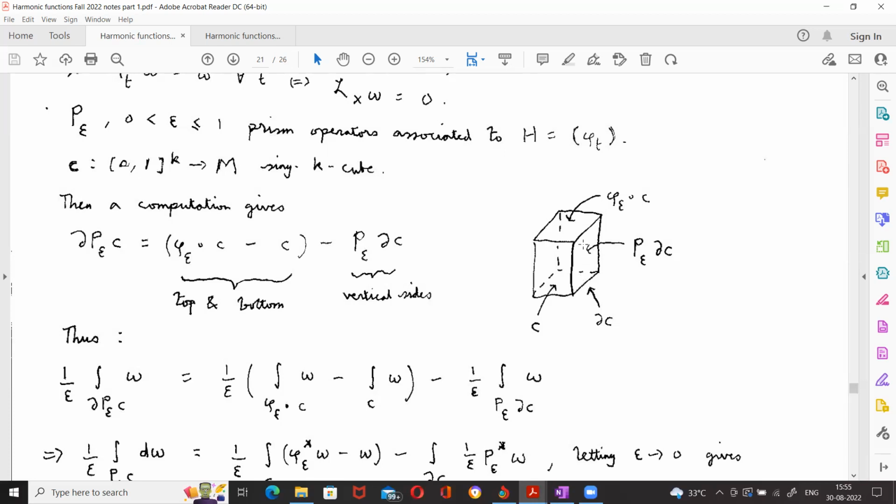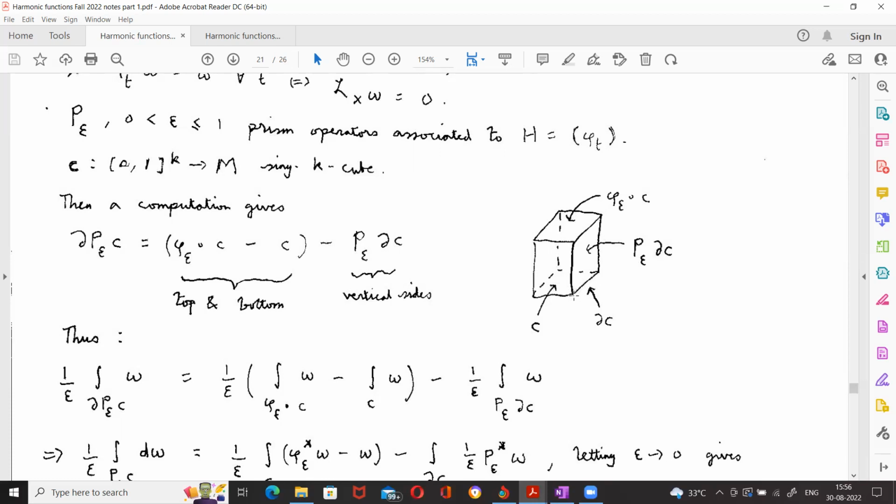Well, you look at this prism. Visually, it's easy to see what the boundary is. It should be the top minus the bottom and then minus the vertical sides. Now, what are the vertical sides? The vertical sides are nothing but the prism operator applied to the boundary of C.